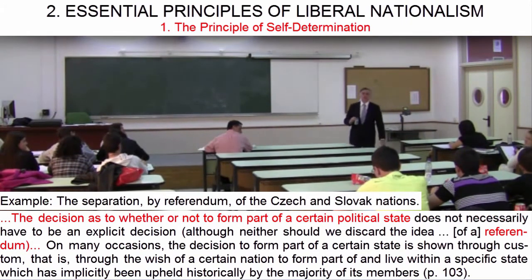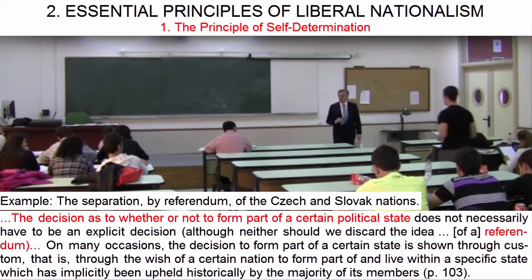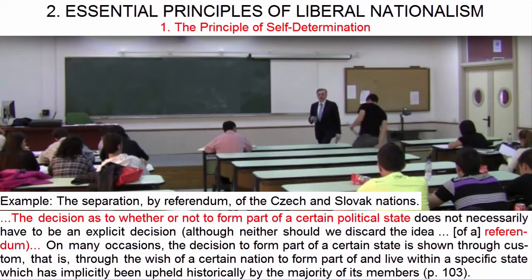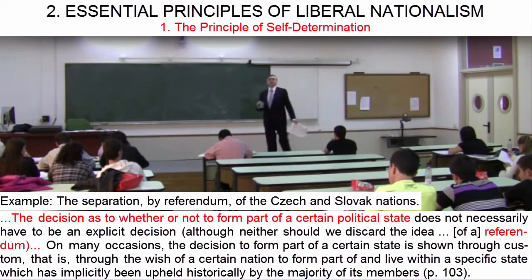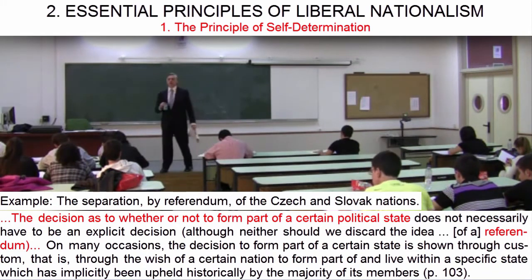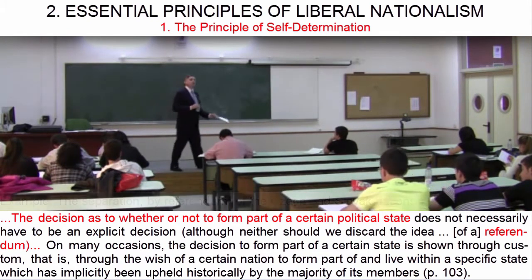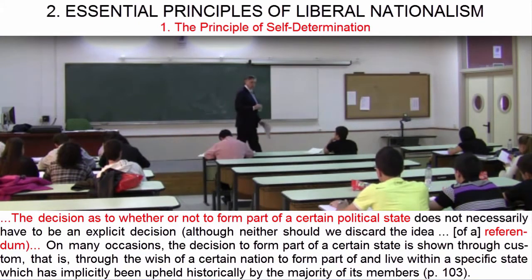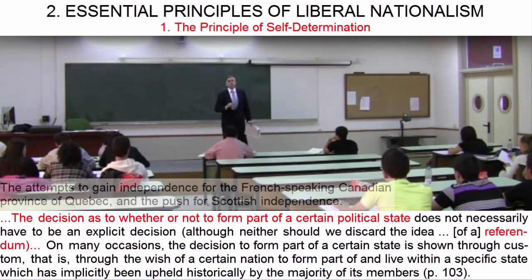There was disagreement as to the speed at which liberalizing measures would be implemented after the fall of the Berlin Wall. The Czech Republic was moving at a faster pace than Slovakia, so a referendum was held, and today the Czech Republic is one state and Slovakia is another. Prague is the capital of one, and Bratislava is the capital of the other. These are cases in which an explicit decision has been freely made to exercise the will to self-determination by separating.